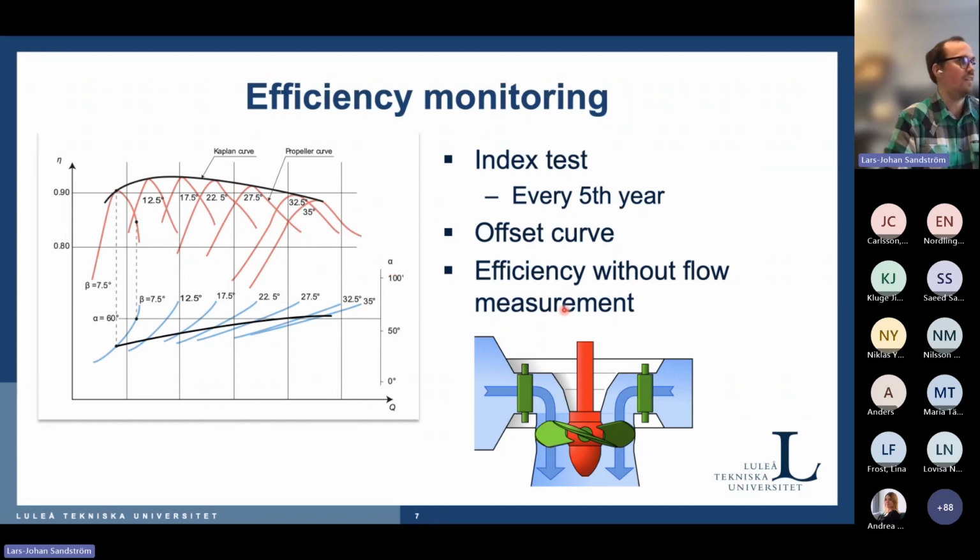So what we're trying to look at here is whether we have some other parameters that we can relate to the efficiency of the plant that we can measure without measuring the flow into the turbine. That would mean that we can also measure it during production.